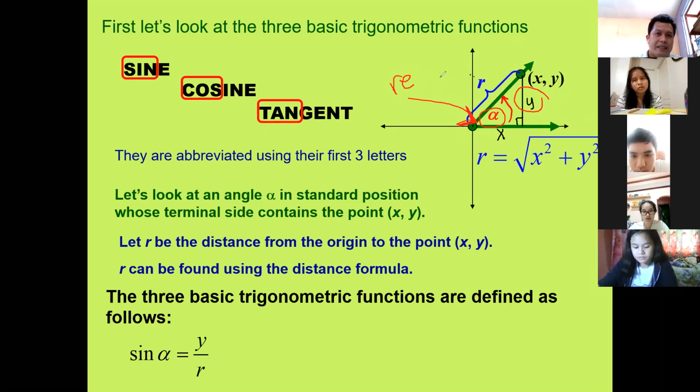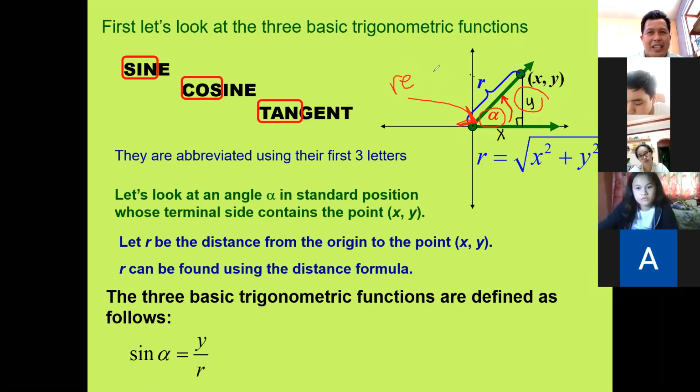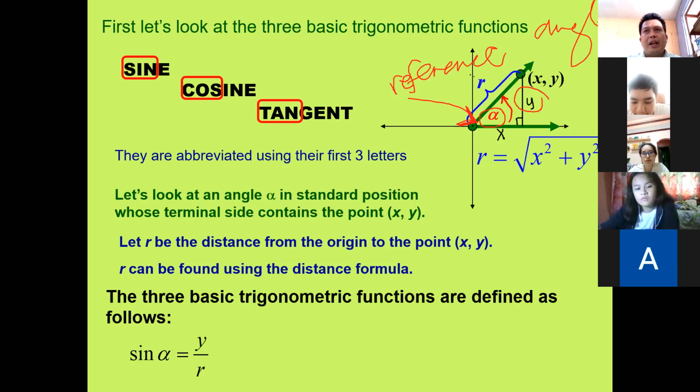It's a reference angle. We are all going to base our angle from the reference angle of that said angle in standard position for us to create a right triangle. Get it?